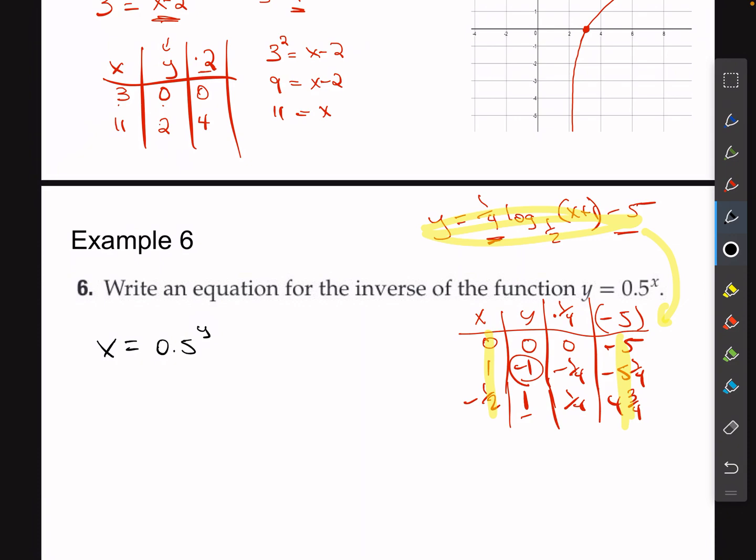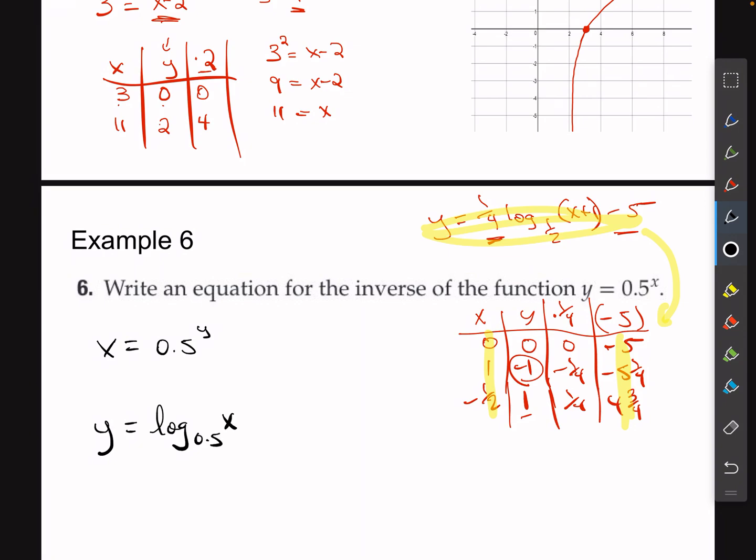And this is where you get into the question of, what is a log, and how does this relate to logarithms? So if I'm solving this for y, I need to take the logarithm of this. I can say here that y, or the power, is equal to the log of 0.5x.